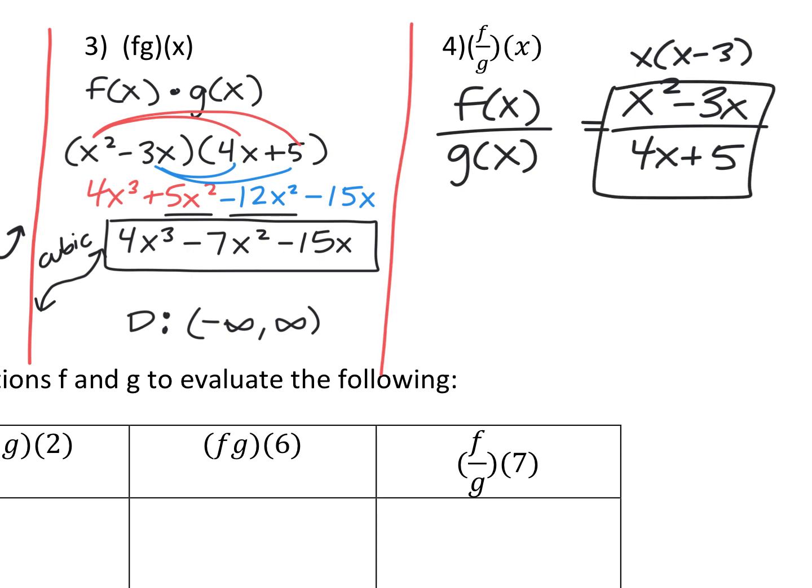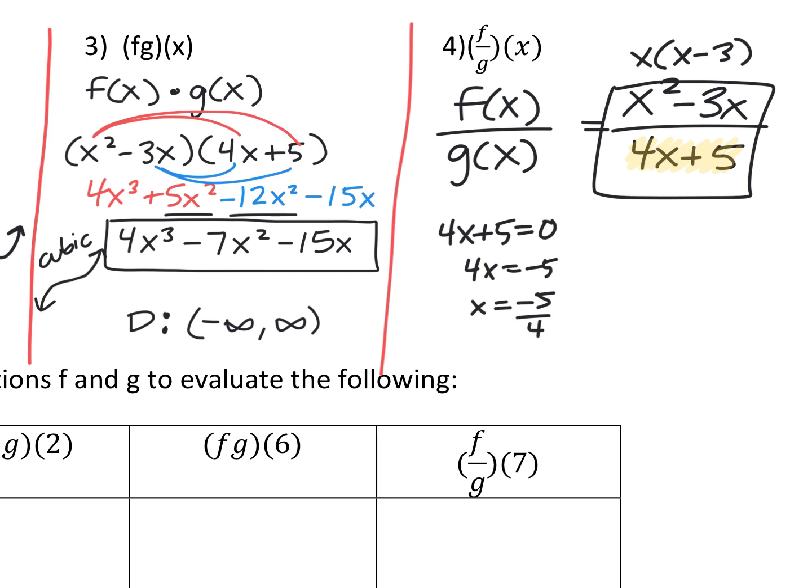So that's fine how you have it, like this is it, but you need to figure out the domain. So remember, you look at the denominator, and you think, okay, what would cause this to be undefined and have a 0 in the denominator? What number? You set that equal to 0. 4x plus 5 equals 0. You would subtract 5 and divide by 4. What causes a problem?